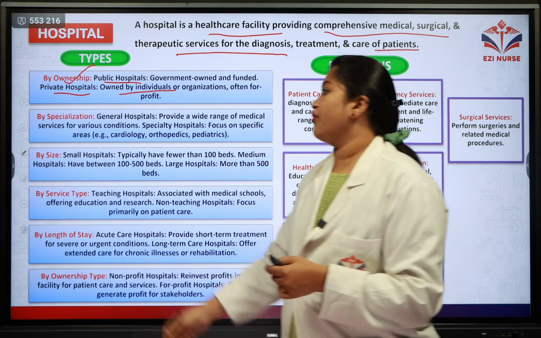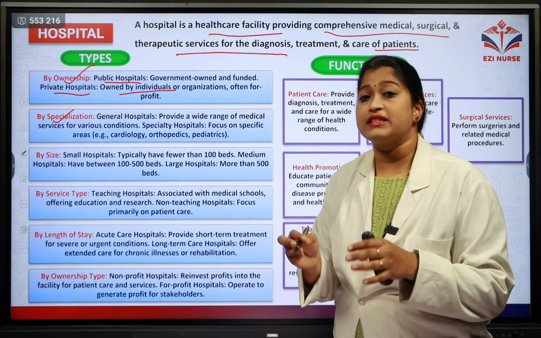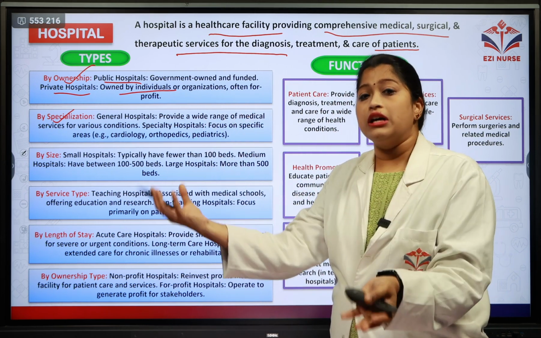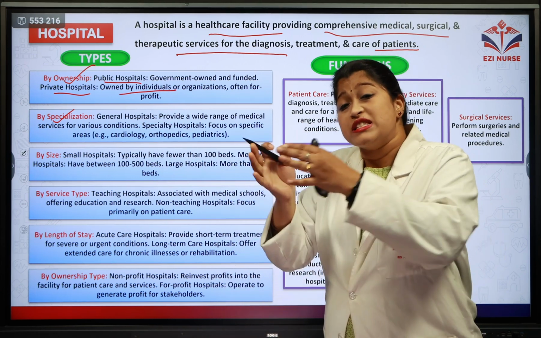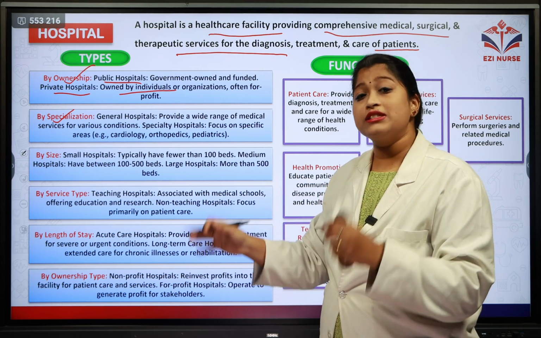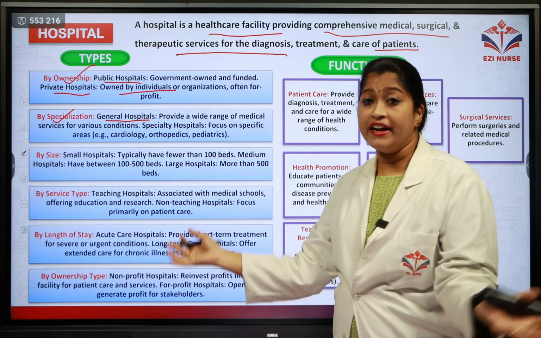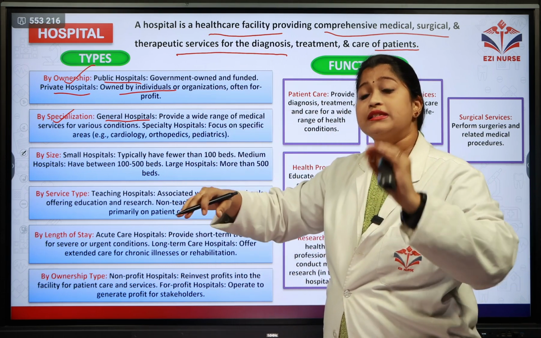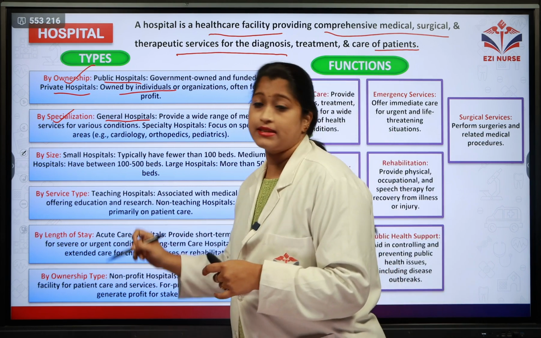So the second classification is based on specializations. For example, there is an ophthalmic clinic or dental clinic. According to the speciality, they divide these hospitals. General hospitals provide a wide range of medical services, so all kinds of diseases are treated and care is given for various conditions.